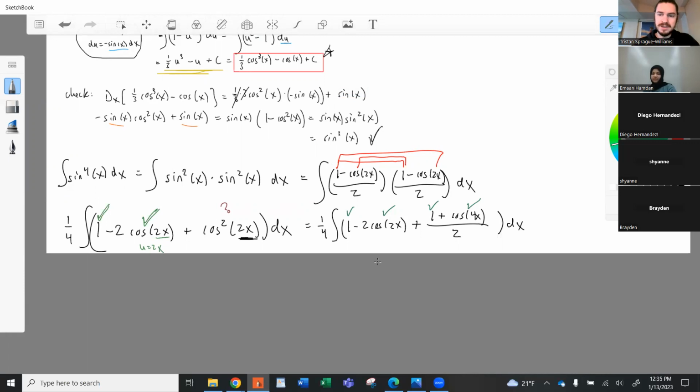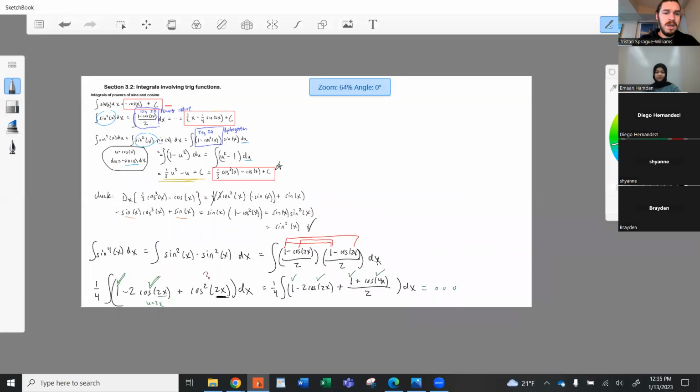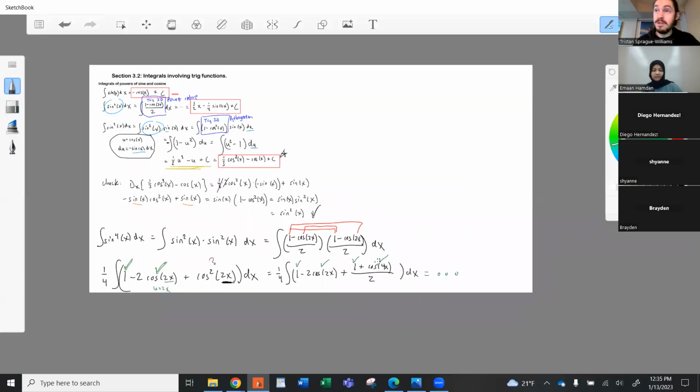So I'll put a dot dot dot at the end of this one because there's a couple more steps to it, but basically you just do the integral of each term and you get a bunch of things added together. You can imagine it would be a similar process if you wanted to integrate something like sine to the power 6.